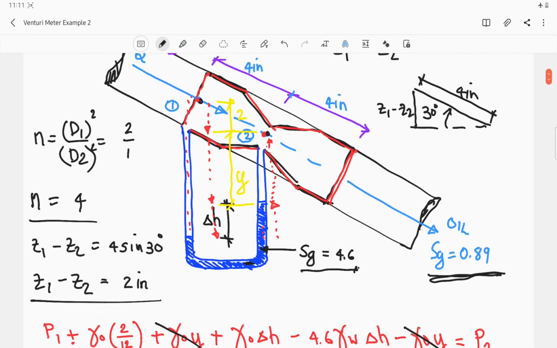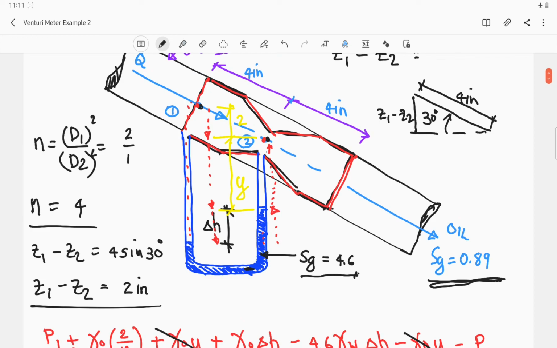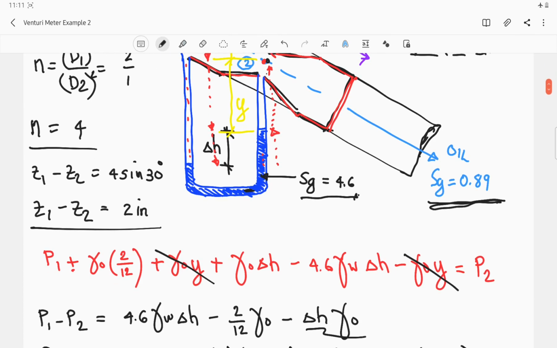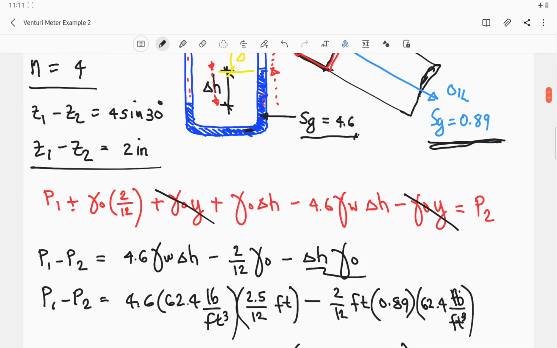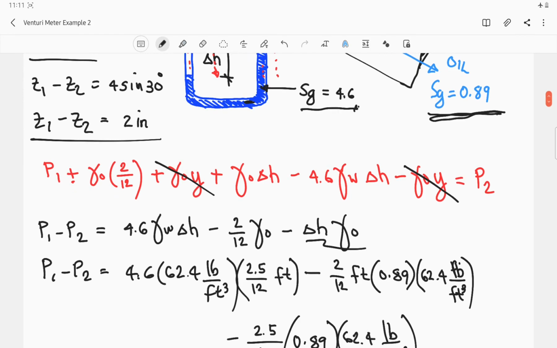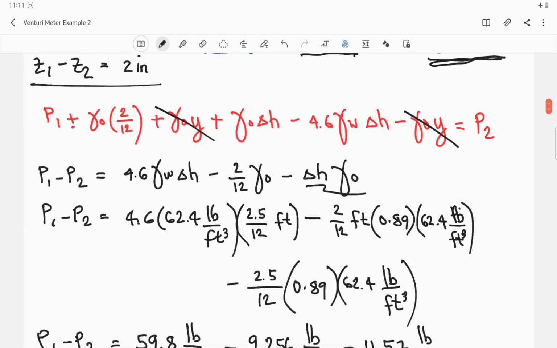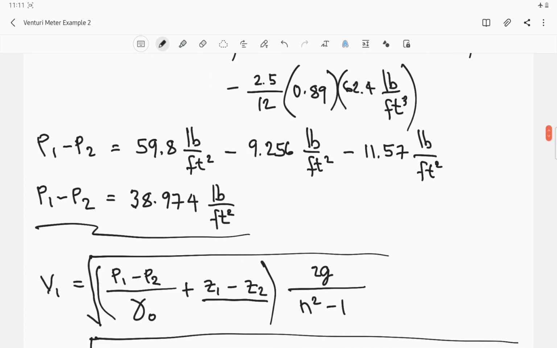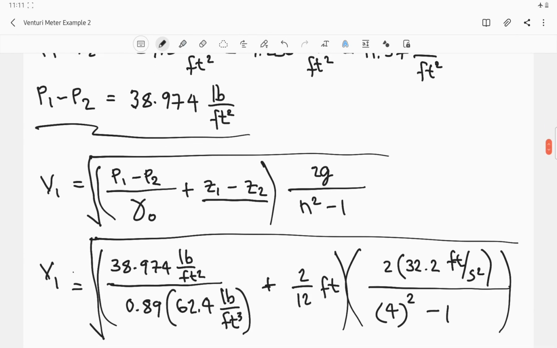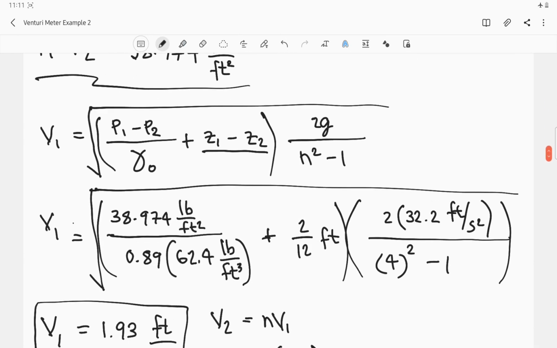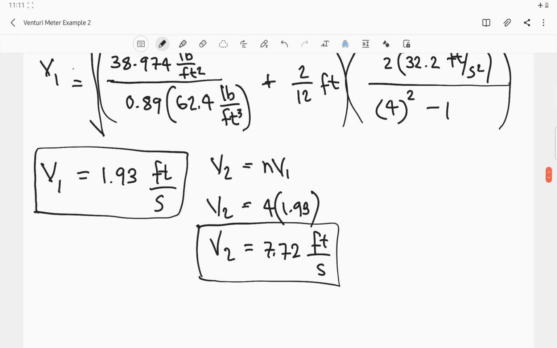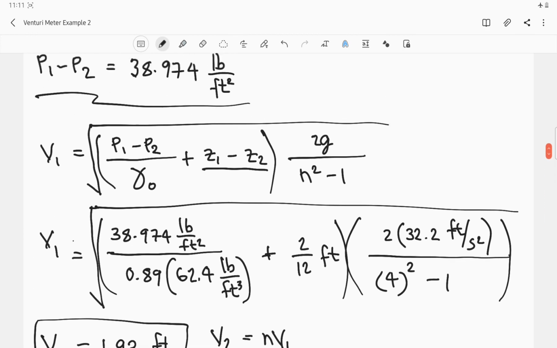Then we solve for the difference in elevation between point 1 and point 2, which is 2 inches. Then we solve for P1 minus P2, the difference in pressure between point 1 and point 2, which is 38.974 pounds per square foot. Then we plug into the equation. We solve for V1 as 1.93 feet per second and V2 as 7.72 feet per second.